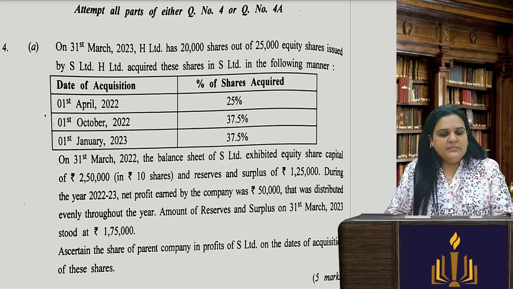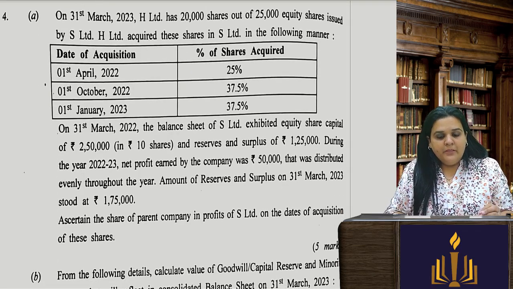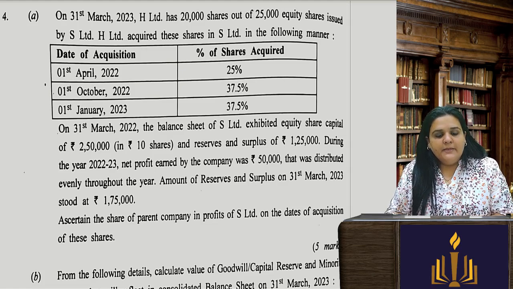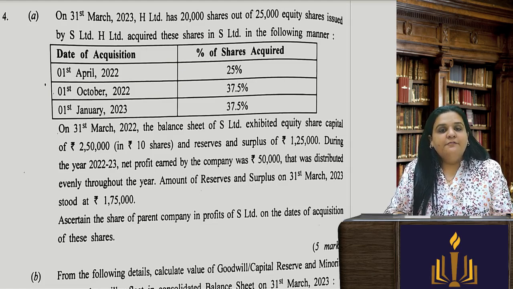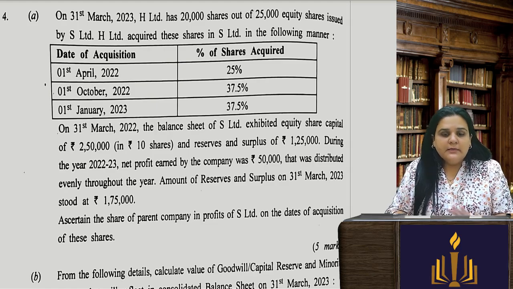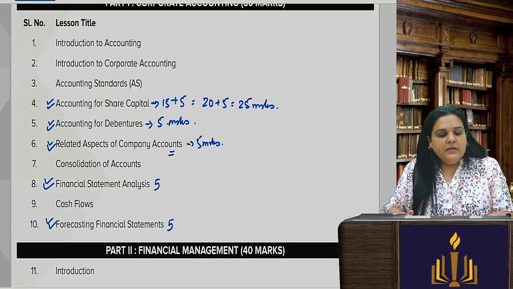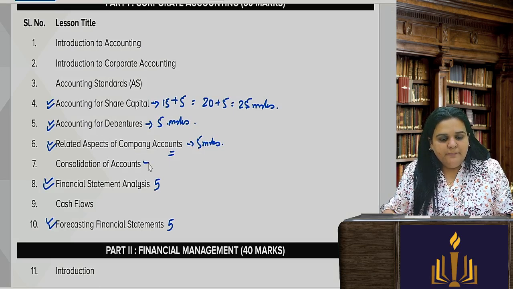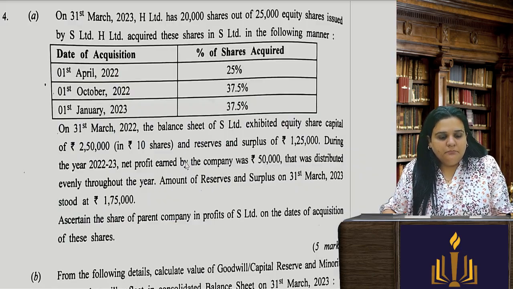It is a very small sum, though the details look very big, but they have asked you to ascertain the share of the parent companies, okay, in the profit of the subsidiary company based on the date of acquisition they have given and other details which they have given. So the consolidation of accounts here, this is a part of consolidation, 5 marks.